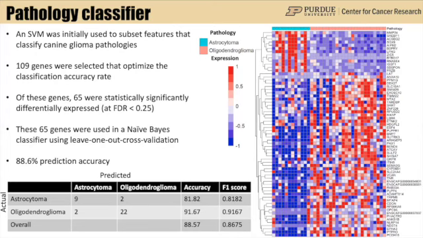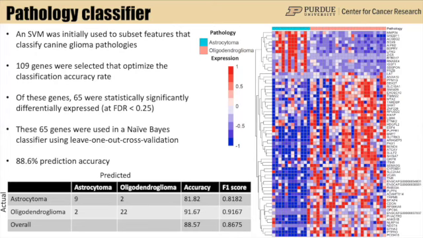And then we looked at how many of these were statistically significantly differentially expressed. We took a pretty loose FDR cutoff of 0.25. And then these 65 genes were used in a Naïve Bayes classifier using leave one out cross-validation.